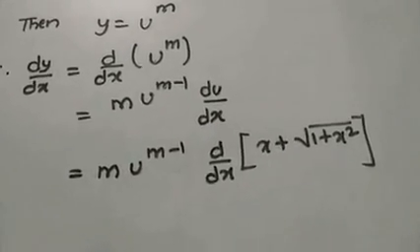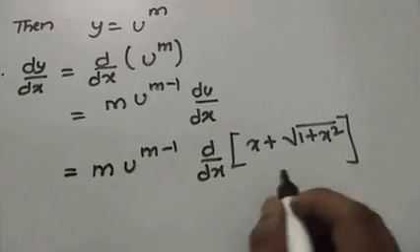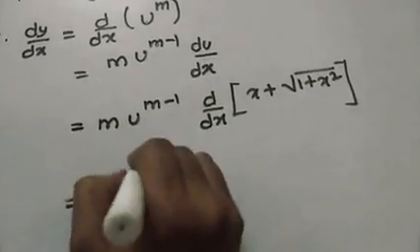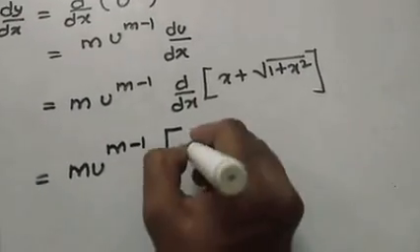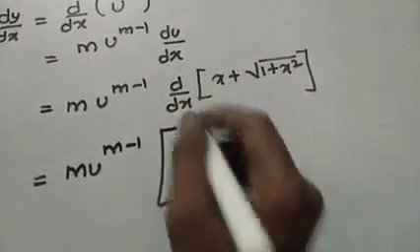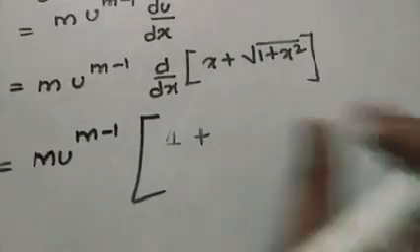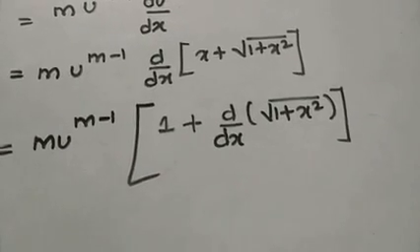In question number 9 also, we have just differentiated this part, x plus root over 1 plus x square. So here I will just directly write the answer. d dx of x is 1. We know that d dx of x is 1. And here d dx of root over 1 plus x square.